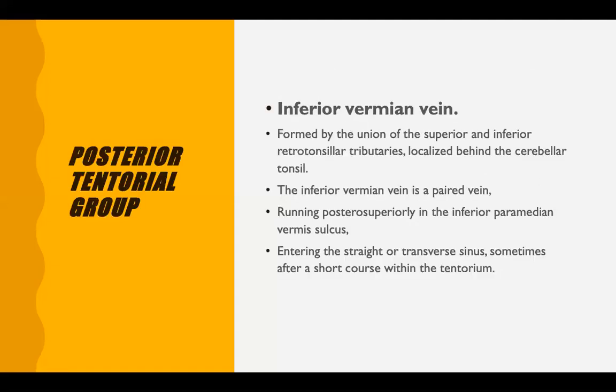Coming to the third group, the posterior temporal group, this is the inferior Vermian vein. There are multiple retrotonsillar tributaries I showed earlier. It is formed by the union of the superior and inferior retrotonsillar tributaries, which are localized behind the cerebellar tonsils. The inferior Vermian vein is a paired vein which runs in the inferior paramedian sulcus, and it enters directly either into the straight sinus or the transverse sinus, and then into the jugular veins.